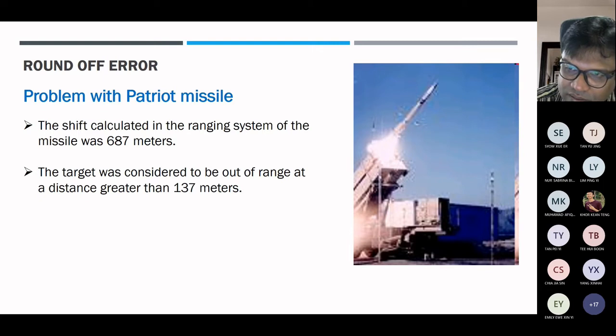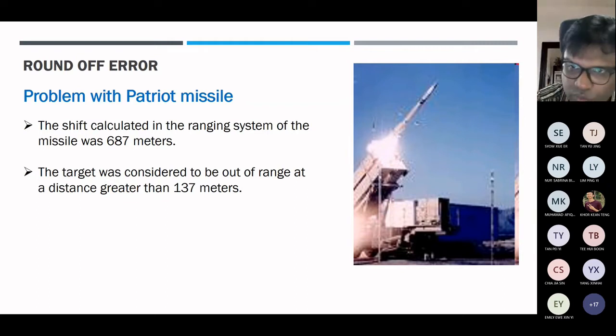That means there's an inaccurate calculation due to the problems. The target was considered out of range when it was supposed to be hit, but the missile hit the camp of the American soldiers. Everyone died. So this is one very important reason why round-off error is important.